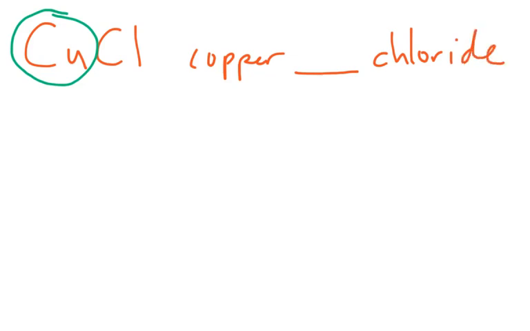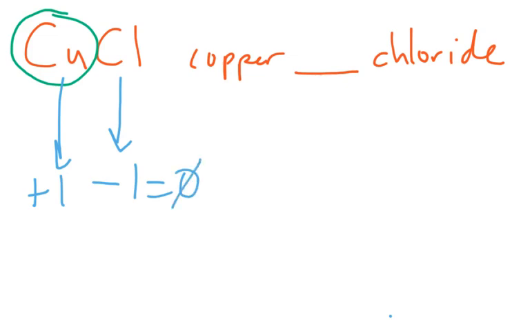Now let's figure out the charge. The chloride has a -1 charge, which means that copper must have a +1 charge in order for these charges to equal 0. So that means this is copper 1 chloride.